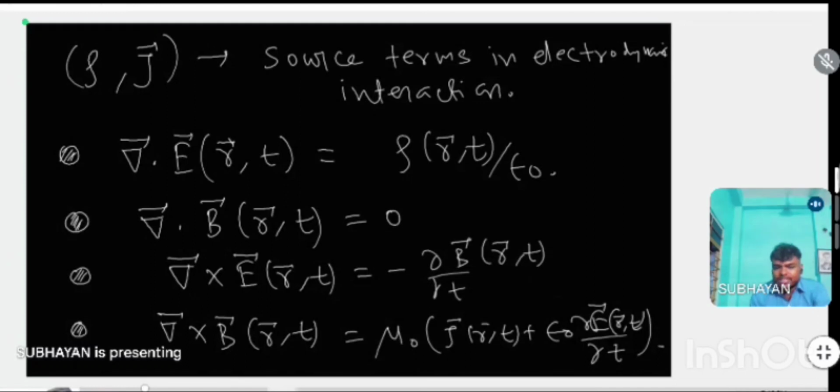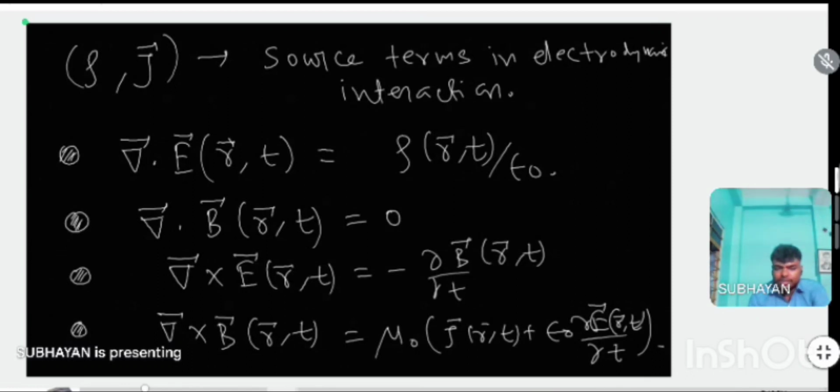Okay. So in arbitrary situation, I am writing all these things as functions of space as well as time, because the source is taken in arbitrary case. The source may be time varying, so the electric field and magnetic field both may vary with time.